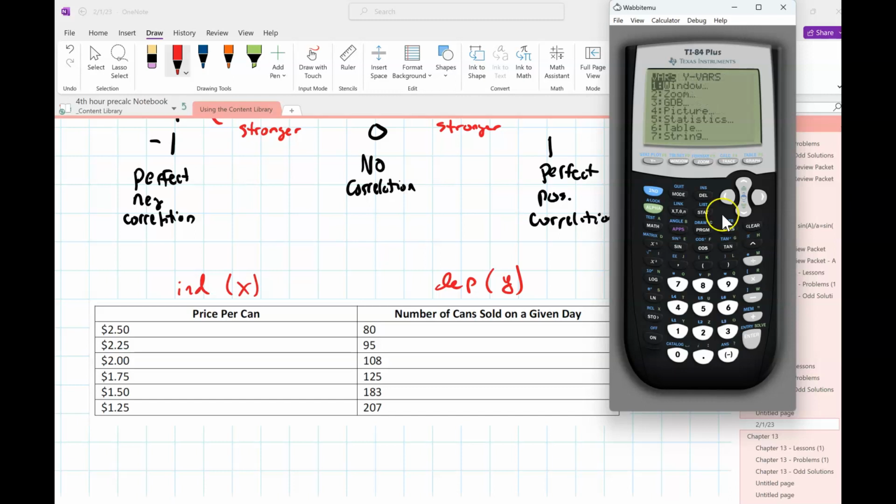From the vars menu, I'm going to move over to the yvars option because we want a y variable. I'm going to pick from the function command y1. Once I have that there, I'm going to move my cursor down to calculate and press enter.